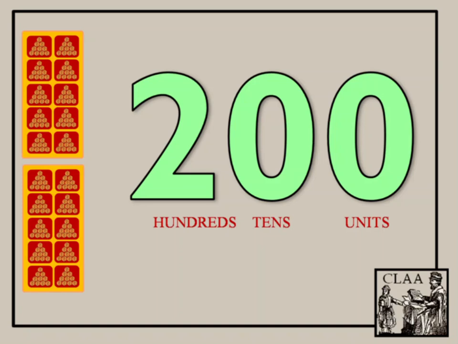Here you have 200 pennies. 200. You can see the number written with a 2 in the hundreds place, a 0 in the tens place, and a 0 in the units place. We've now counted all the way up to 200.